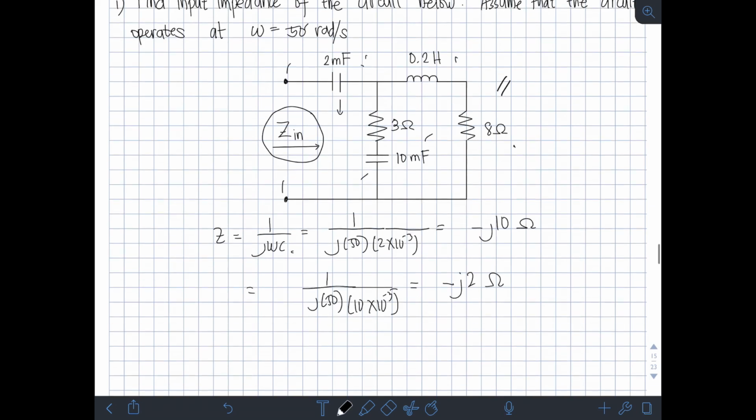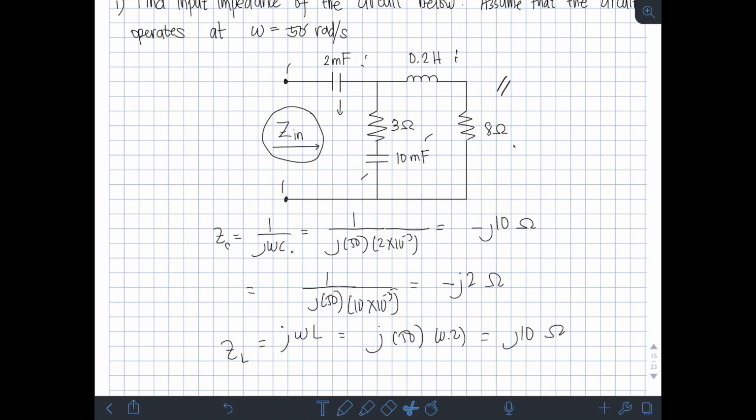So, that leaves the inductor. What is our formula for the inductor? Z sub L. Earlier we had Z sub C for the capacitor. Now, the impedance for the inductor is j omega L, right? So, we have j times omega, 50 again, times its L of 0.2 henry. So, what is this? j10 ohms.